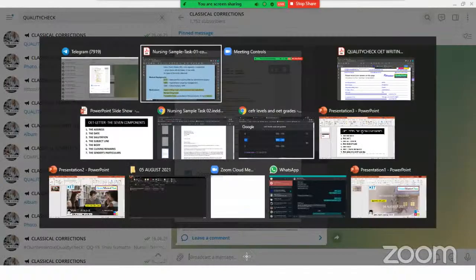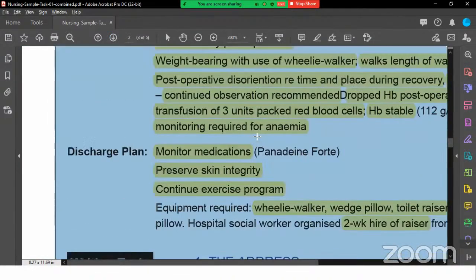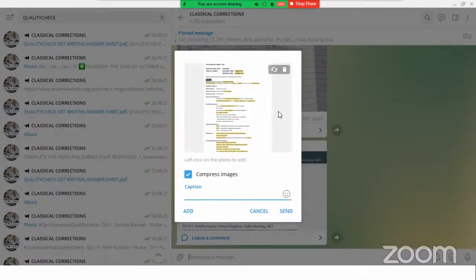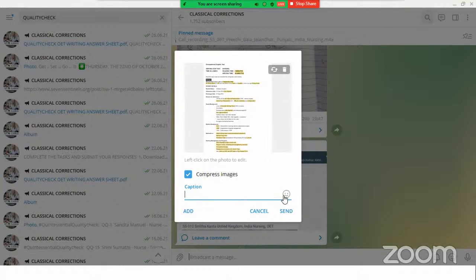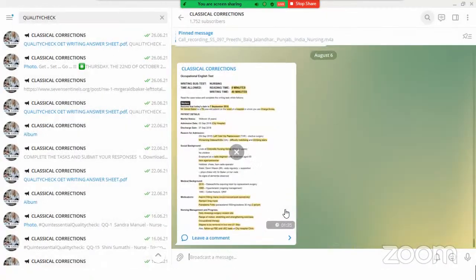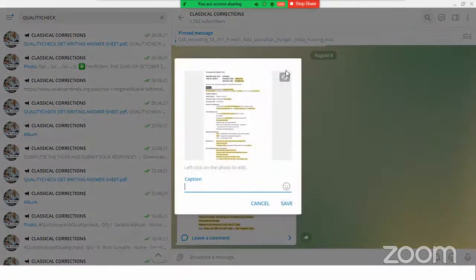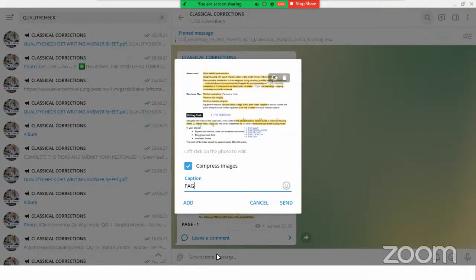Number 1. Page number 2. So this is page 1, and this is page 2.